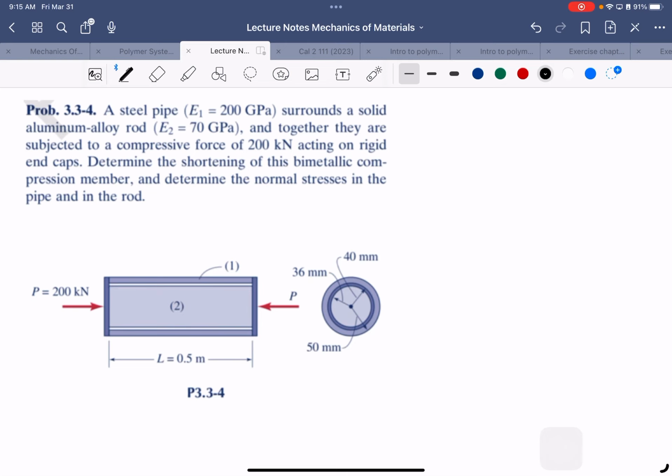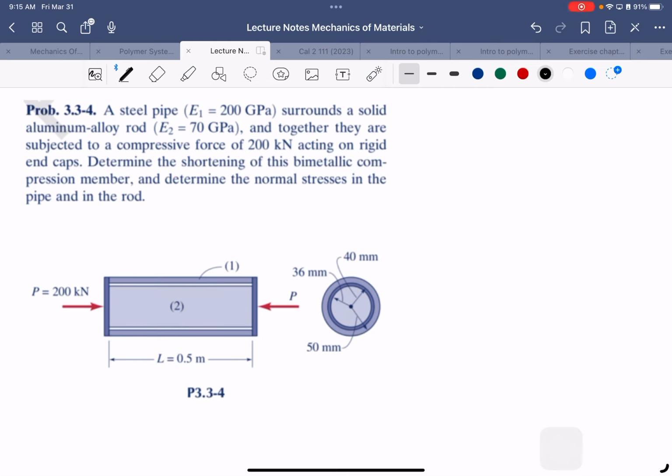Number 2 is the rod, the aluminum rod. So you can check first.